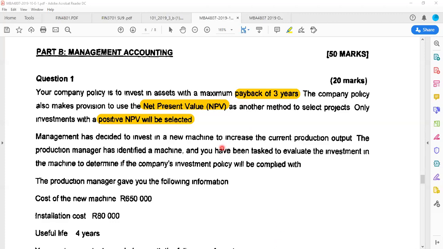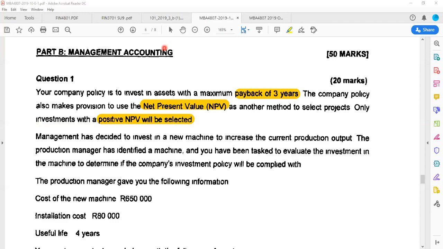I'm sure in your prescribed textbook, they do talk about that technique, or you can try to look at the solutions that I gave you, the memos for the other papers, but please make sure you're familiar with the payback technique.